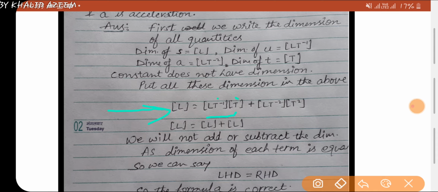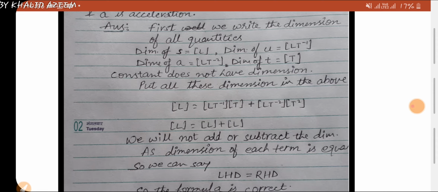So the total power is 0. Similarly, in this term, the power of L is 1 and the power of T is minus 2, and here the power of T is plus 2. So again the whole power of T will be 0. So our last line will be L equals L plus L.